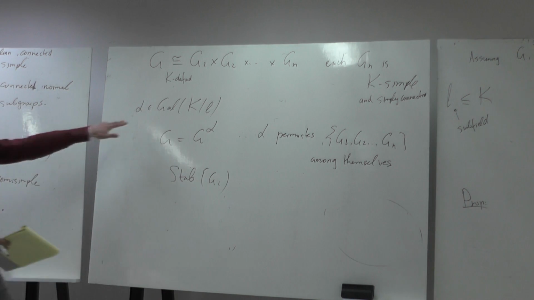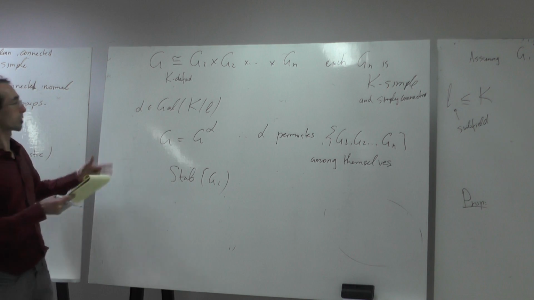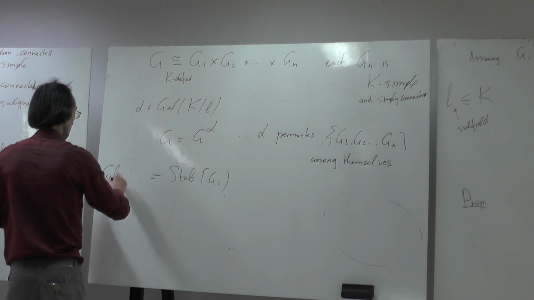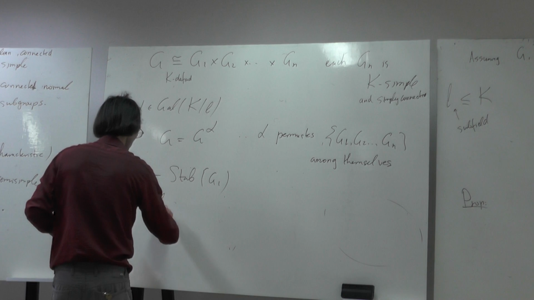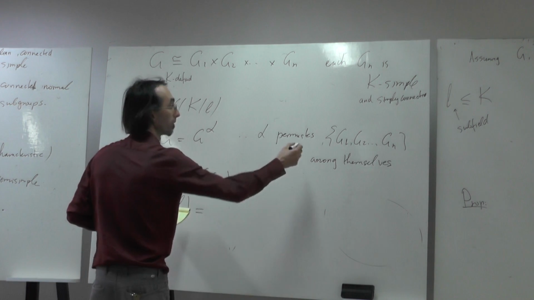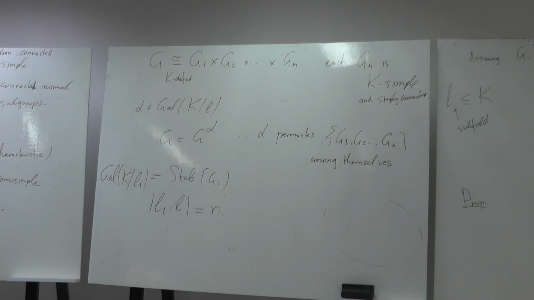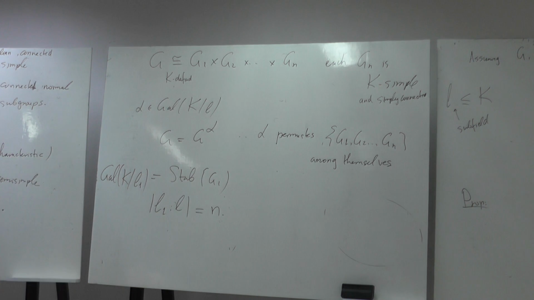So this will be a finite index subgroup in this Galois group. By the Galois correspondence, that corresponds to a finite extension field. So this will be the Galois group of K over some L1, where the degree of the extension is exactly the number of factors. Not necessarily a normal extension; this does not have to be a splitting field.